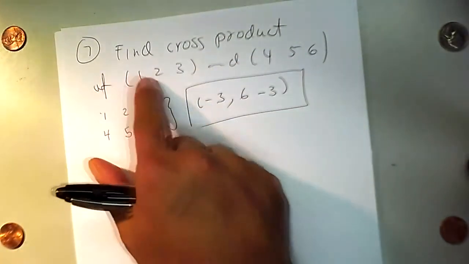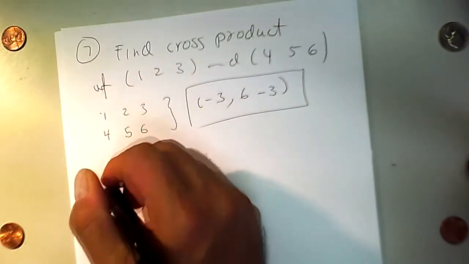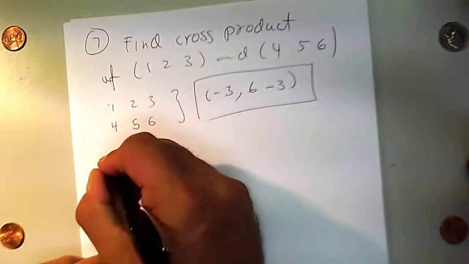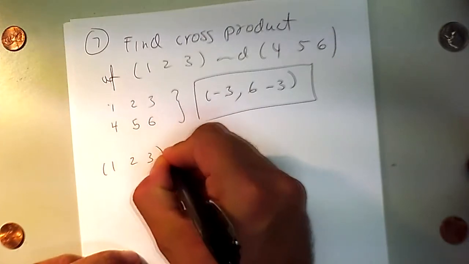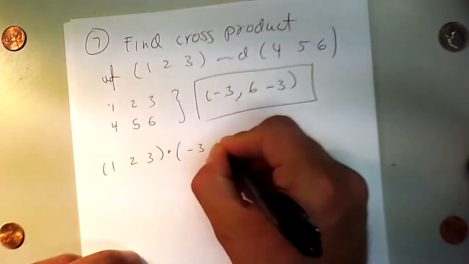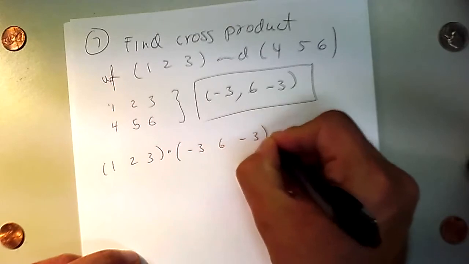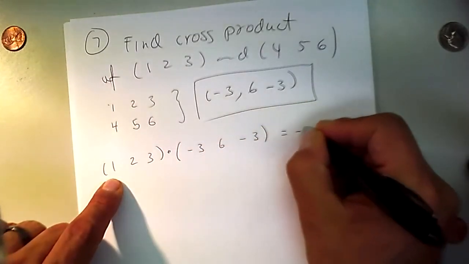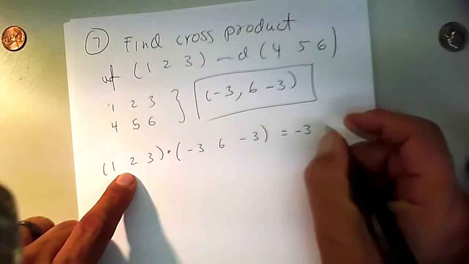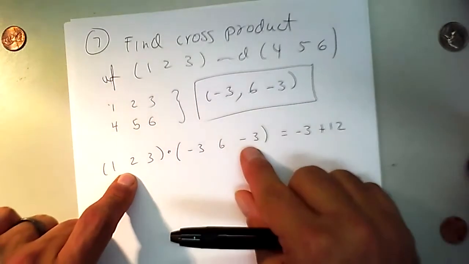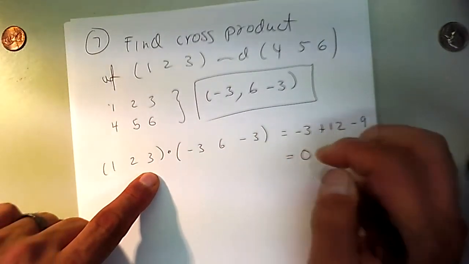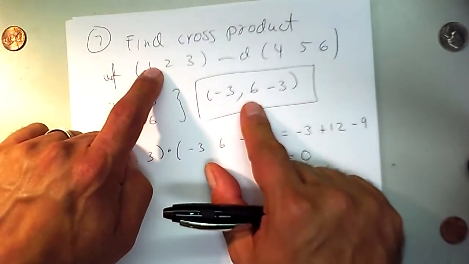If we do the dot product of those two, 1, 2, 3 dotted with negative 3, 6, negative 3 will be negative 3 plus 12 minus 9, which is 0, which means those two vectors are perpendicular.